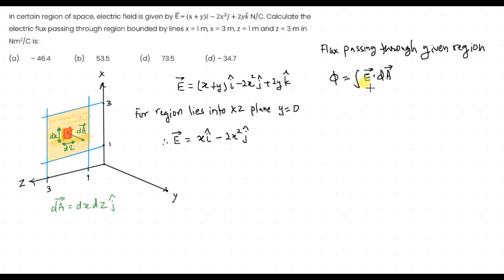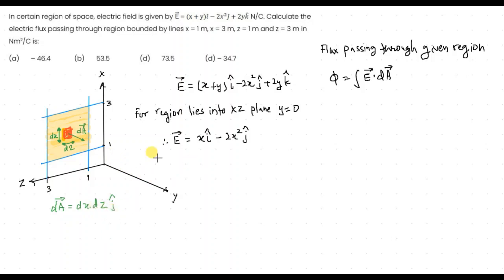Now you have the electric field, and I'm assuming a little element of area dA, which is pointing along the y axis, and is a small square whose one side is dx and another side is dz. So dA is dx dz, and as it is pointing in the y direction, I choose j cap here.